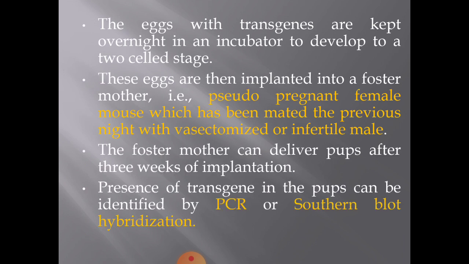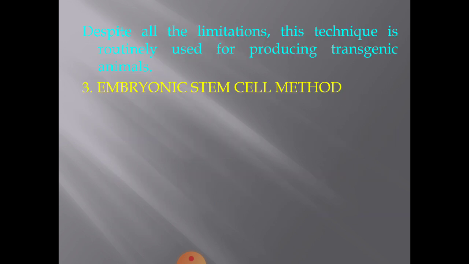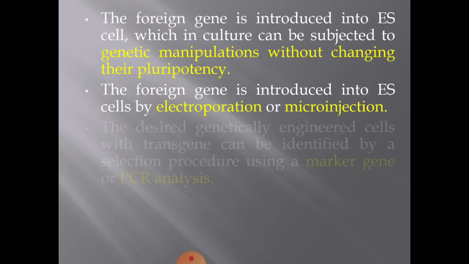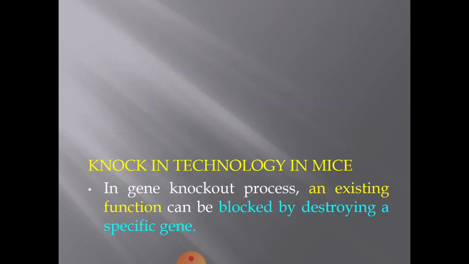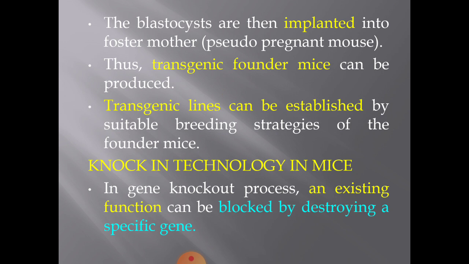Bear with me for a few minutes. Yeah. So I have explained the process of production of transgenic mice by the embryonic stem cell method. Now, this is about knock-in technology.